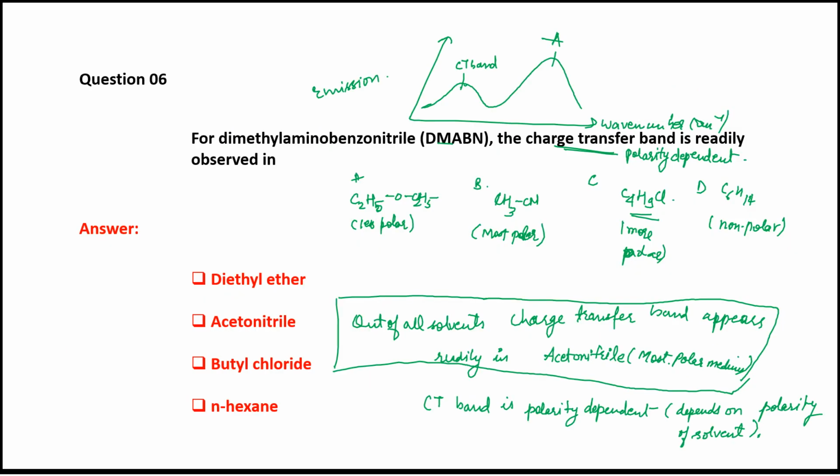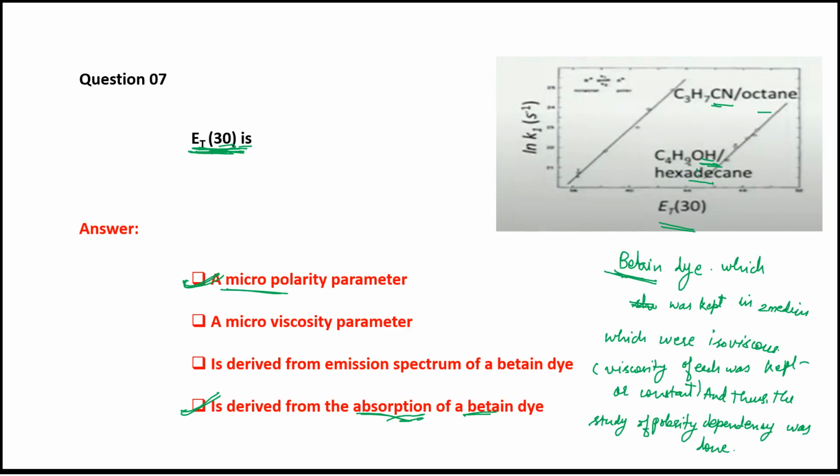Further, we studied in the next question that the charge transfer band is readily observed. As I said, for the charge transfer band to happen, the medium should be quite polar. Therefore, in the case of acetonitrile, you will observe the charge transfer band.